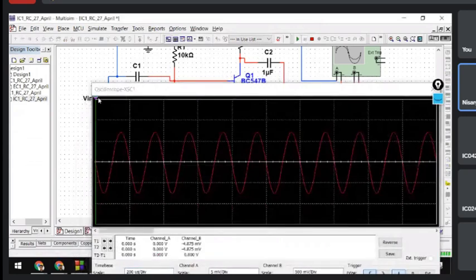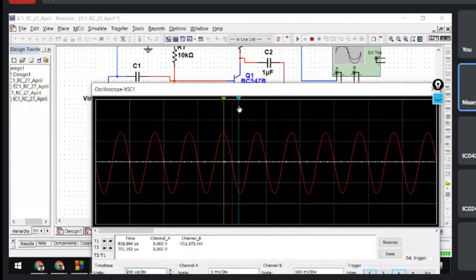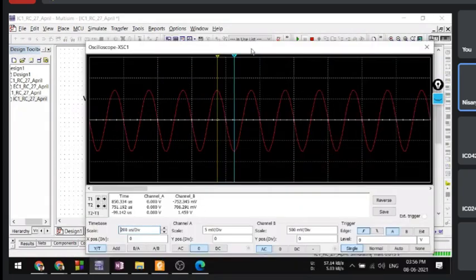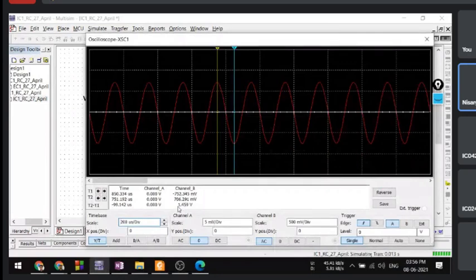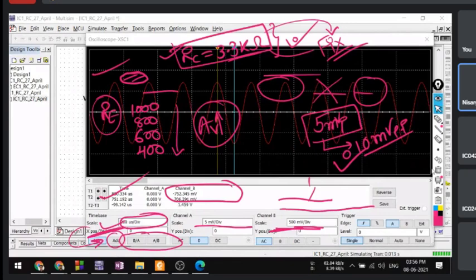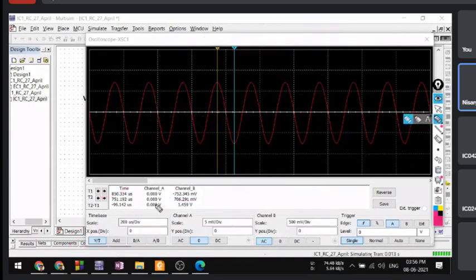So pause it. Cursor 2 on the positive peak, cursor 1 on the negative peak. Here you can see, student, 1.459. Okay, 1.459 is your peak to peak output voltage, right?